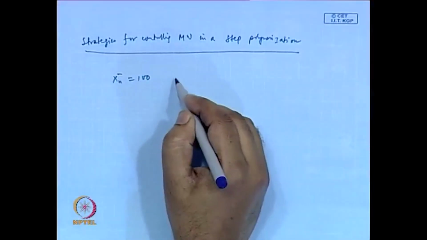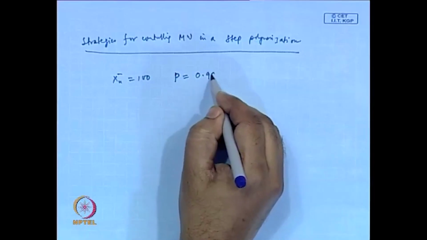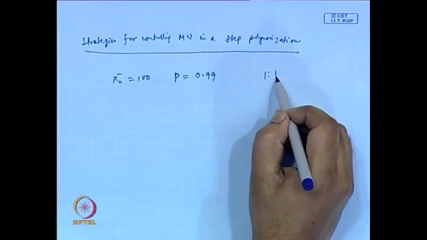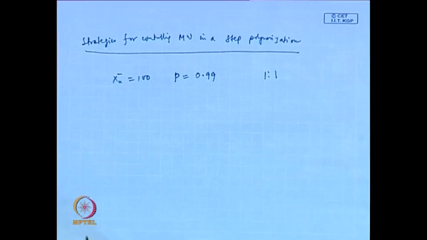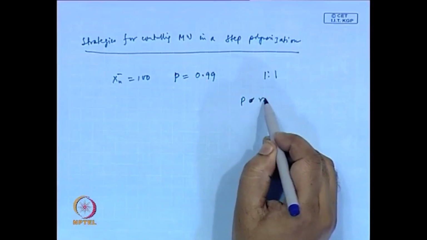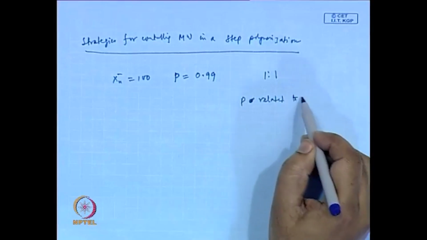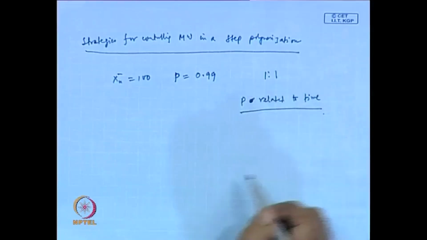Now, how do you do that? We have seen that Xn of 100 corresponds to a P of 0.99 in a 1:1 case, where 1 is the stoichiometric ratio of the functional groups. So, if I stop the reaction, and we know the reaction kinetics, how P varies with time, we have seen in the previous pages how P is related to time.